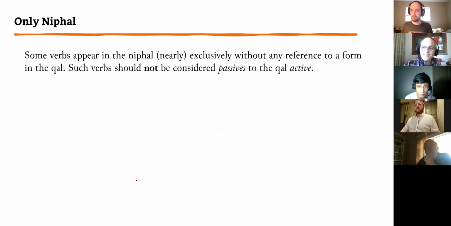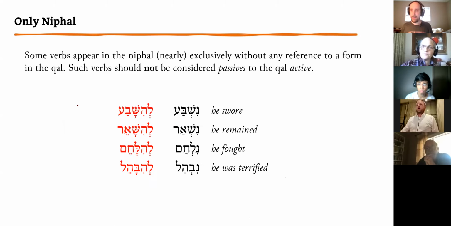All right, here we go. Some verbs appear in the Niphal nearly exclusively. Some of them sometimes in the Qal, but almost always in the Niphal, like the word for fighting, nilcham. We do have instances where it can be in the Qal, but normally it's in the Niphal. Some never at all appear in the Qal, and that's just how it is. Nishba, he swore.